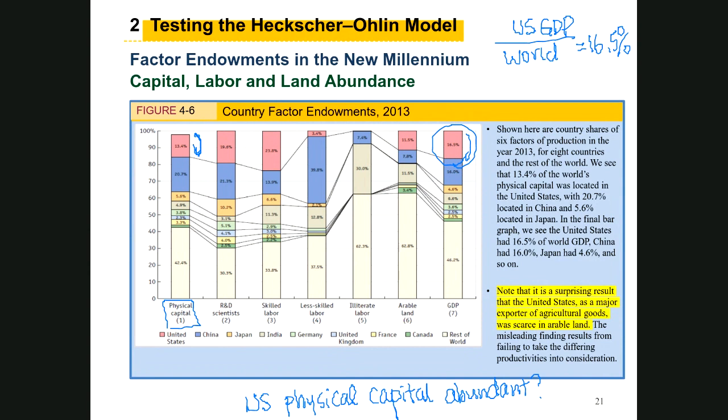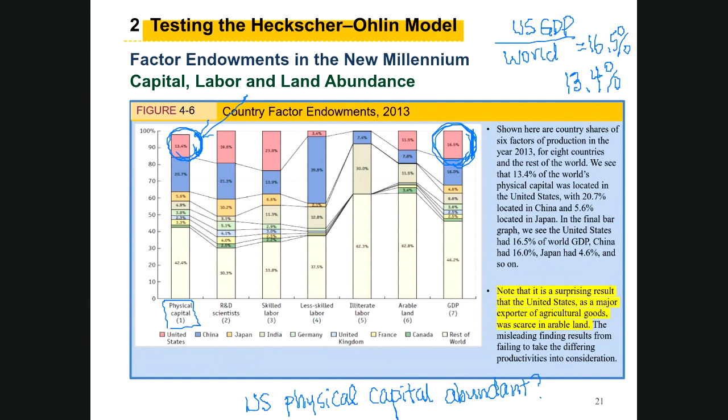I just compare this number with this number. So in this case, is the US a physical capital abundant country? The answer is no, because the share of the physical capital, which is 13.4%, is smaller than the GDP share of the US.